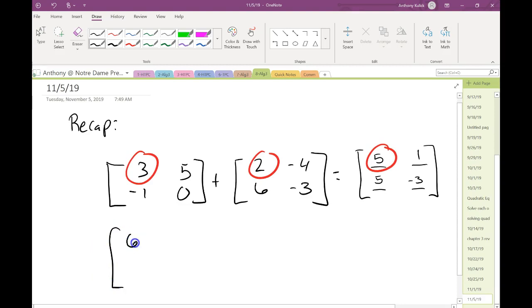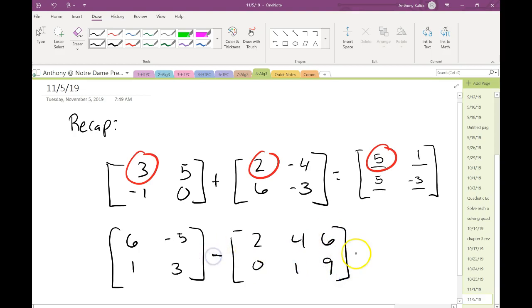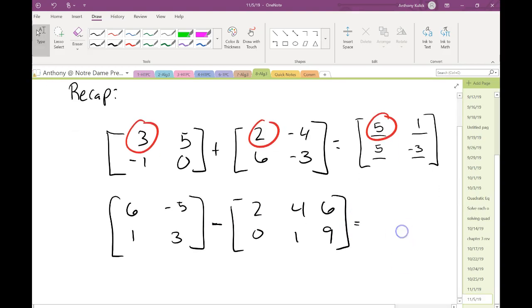What if we had this subtraction problem? Yeah, this is undefined. We can't do this. Why?